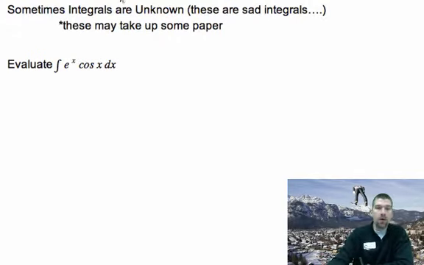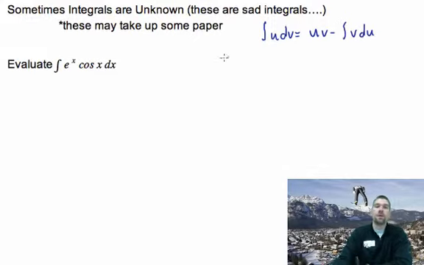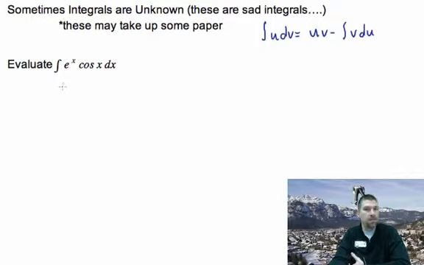Going back to our tips and tricks, and keeping in mind how integration by parts works, where we're going to have the integral of u times dv, this is going to be uv minus the integral of v du. While we're working on this, remember that we wanted to pick u in very specific ways. Something where when you took a derivative, it generally got easier, and something where when you integrated, it generally didn't get much more difficult.